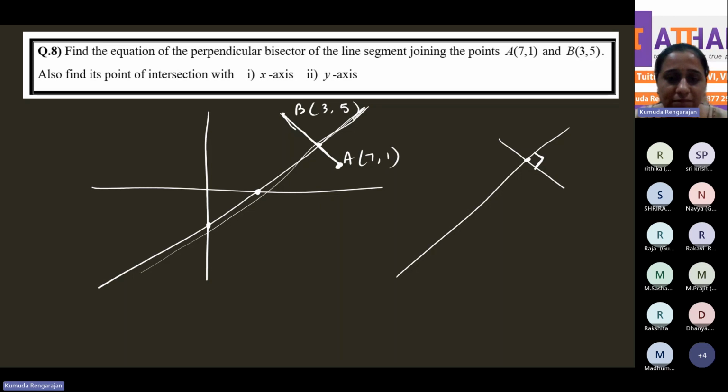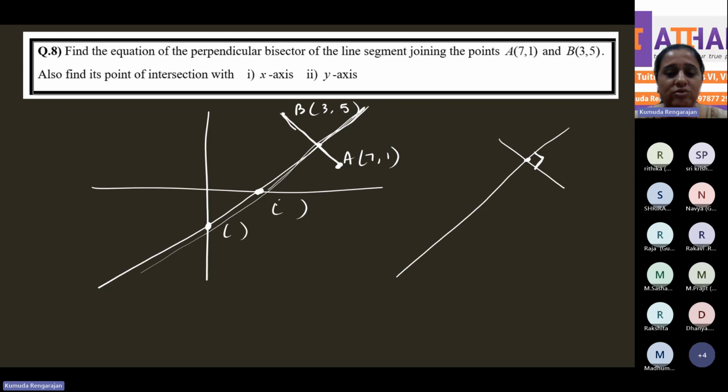So you can see that the perpendicular bisector of the line segment AB intersects the x-axis at this point and the y-axis at this point. So those are also the questions which you have to answer. You will have to find the address of this point and the address of this point. Where does the line L, the perpendicular bisector of AB, cut the x-axis and the y-axis?